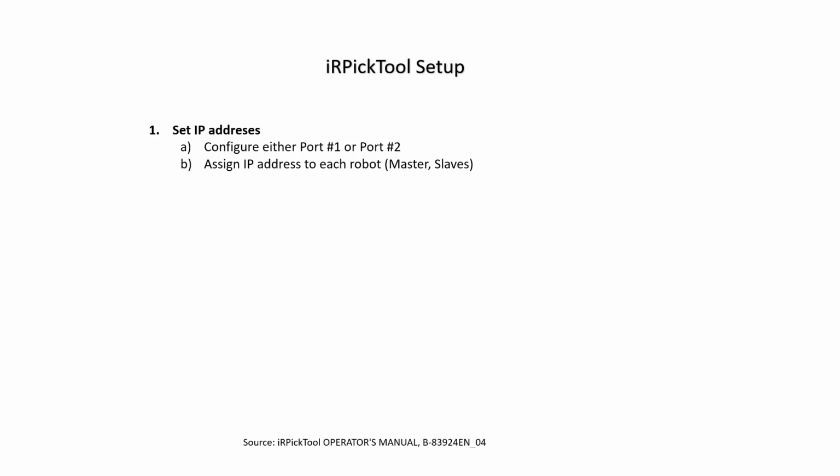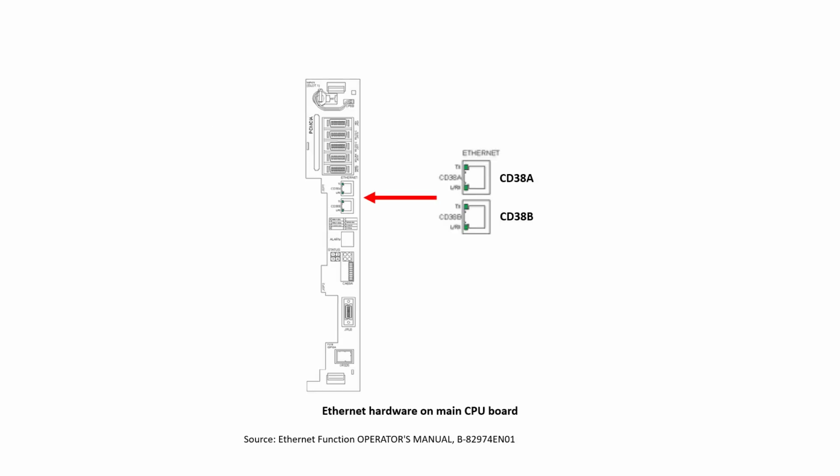We're going to continue with the workcell configuration. At this point, we need to start looking at the workflow that I mentioned before. The first point in the workflow is setting up the IP addresses for all the robots. And here we need to make some considerations. First, we need to decide what port we're going to use for the Ethernet network.